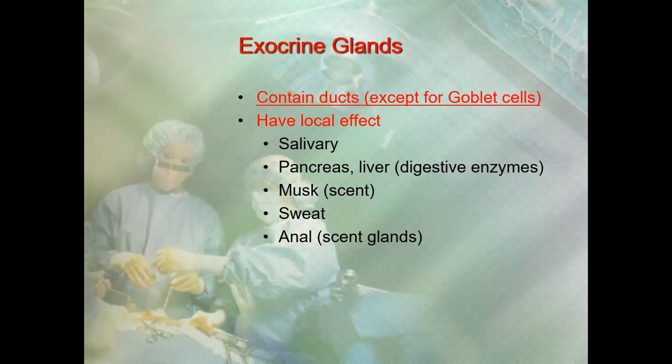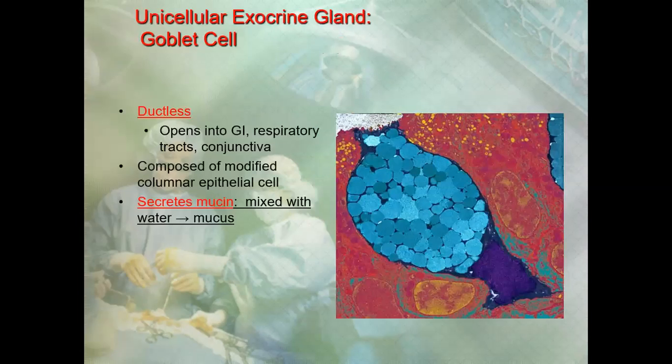Comments, questions, concerns so far? Everybody's okay so far? Incredible. Of course, there's got to be one guy that doesn't follow the rules. Gosh darn it. My goblet cell. He is an exocrine gland, but he does not have a duct like every other exocrine gland.